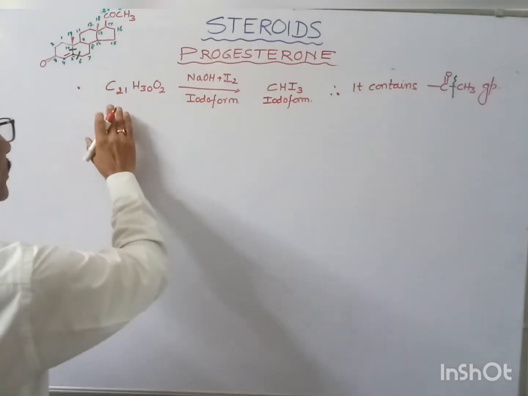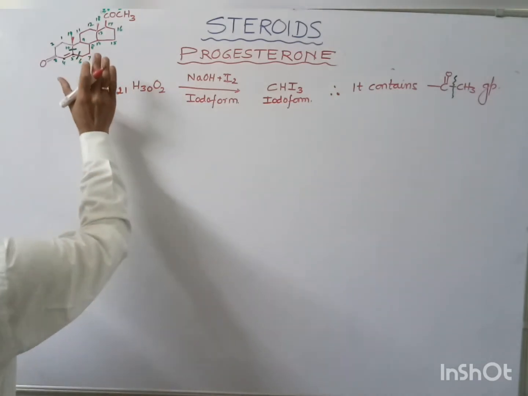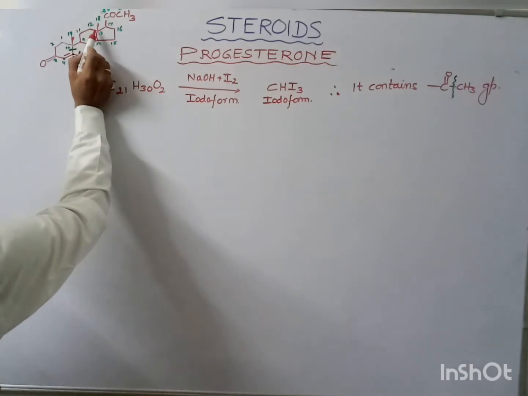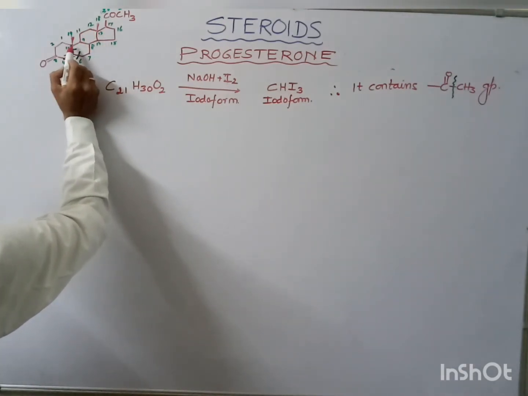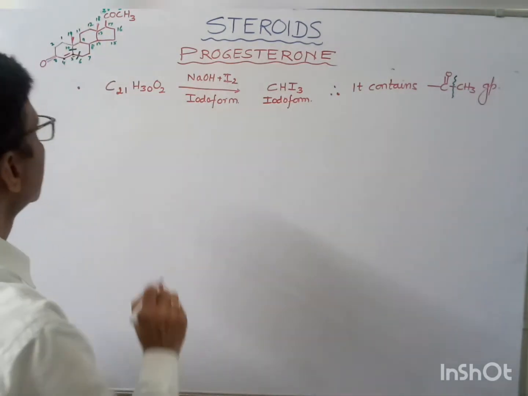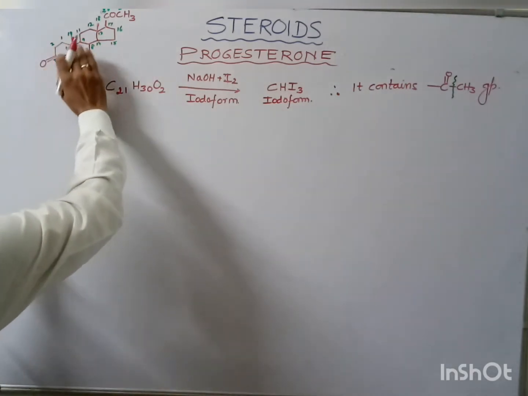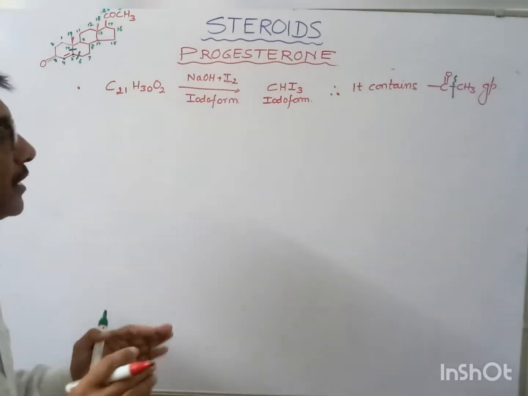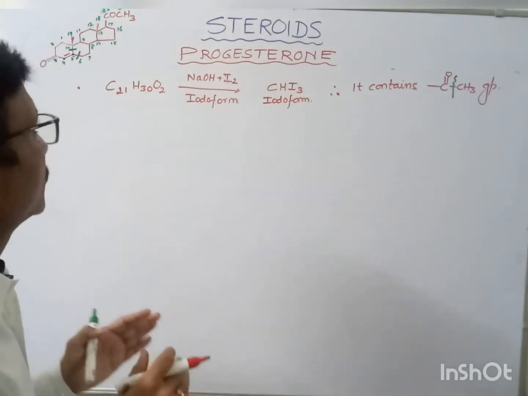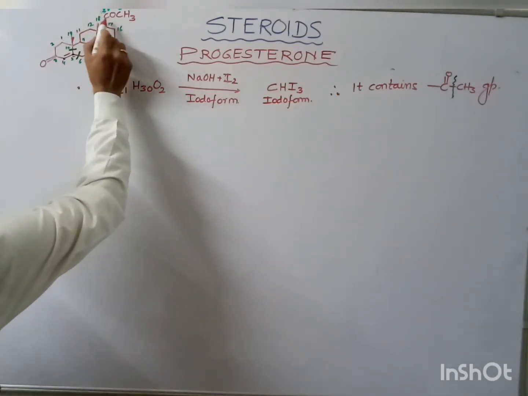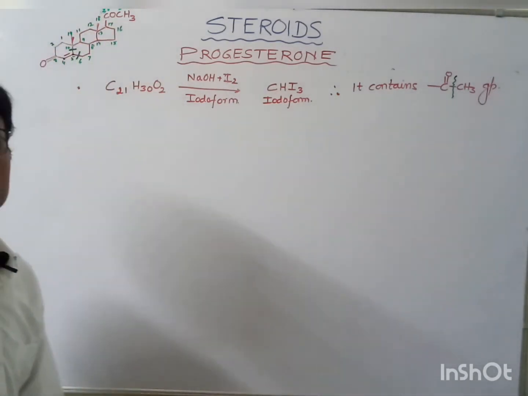This COCH3 group must be present because this progesterone contains 21 carbon atoms, and out of these, the steroidal nucleus contains 17 carbon atoms, and the 18th is present at the 13th carbon atom, and the 19th, and these 18th and 19th are the two angular methyl groups. So 17, 18, 19, and we know by the nomenclature of steroids that the next two carbon atoms should be present at the 17th position.